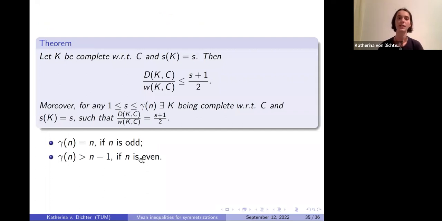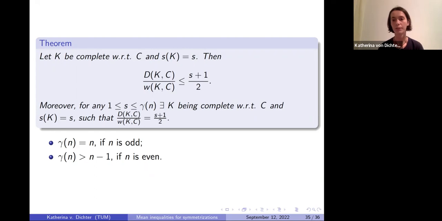The theorem says if K is complete with respect to C, and we have that the symmetry value of K is s, then this ratio of the diameter over width is actually less or equal (s+1)/2. Remember that Richter has shown that it's less or equal than (n+1)/2. We know that the value of asymmetry is from 1 to n.